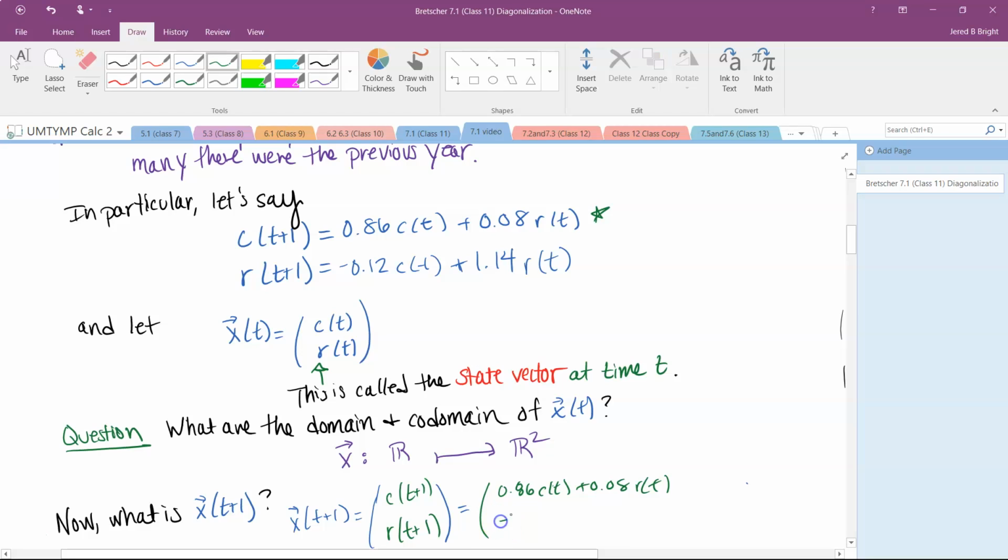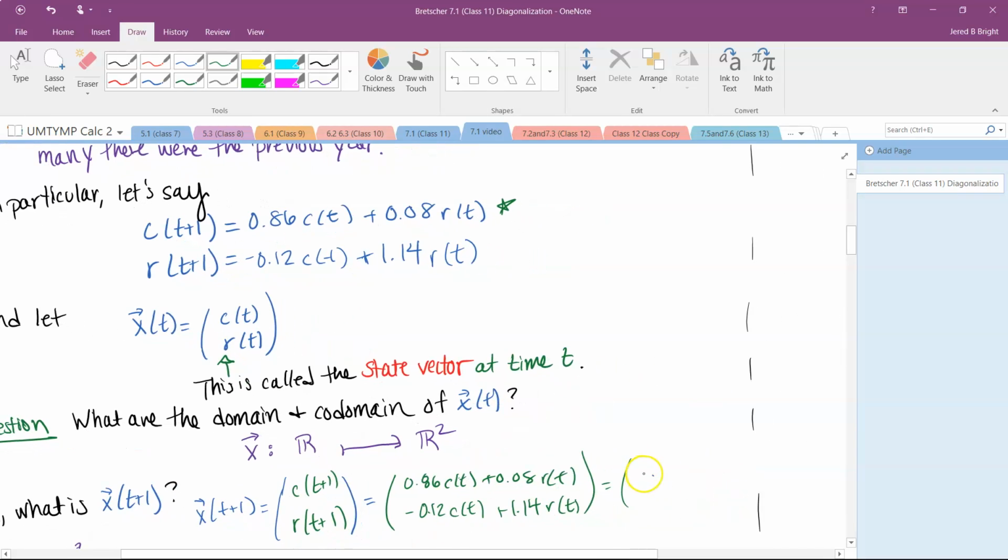And then similarly for the next one, negative 0.12 c of t plus 1.14 r of t. And that's all we need to do. If we wanted, we could write this a little bit differently and just write this in matrix notation. So it'd be 0.86, negative 0.12, 0.08, 1.14, and then c of t, r of t.